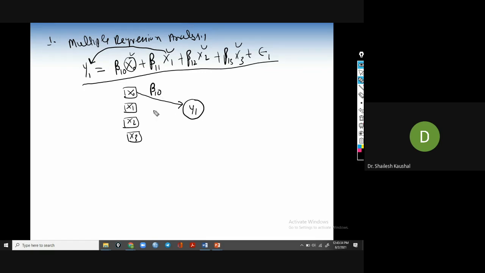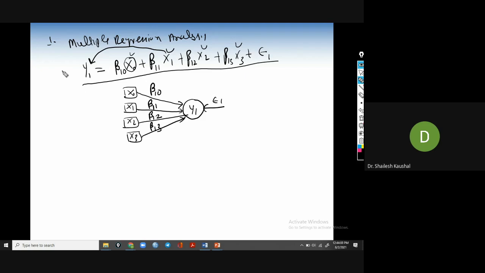Now y1 affected by x1, so beta 1 1. Y1 affected by x2, and y1 affected by x3, so beta 1 3. And this is the error term. Error term is epsilon 1.